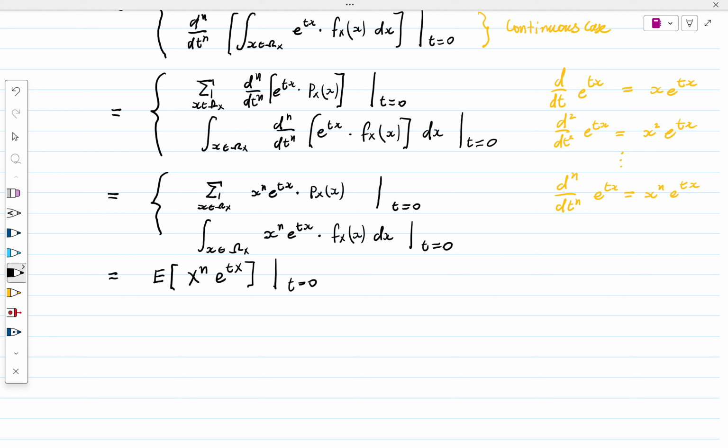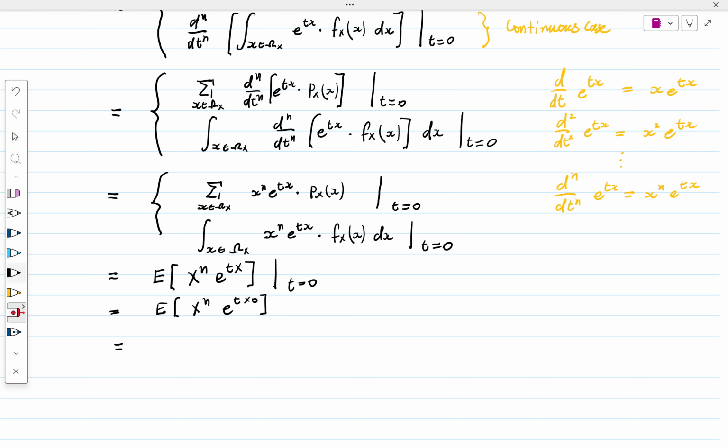Finally, we can substitute directly a value of t equal to 0 in this expression. It gives us the expected value of x to the n e to the t times 0, and e to the t times 0 is just e to the power of 0, or 1.